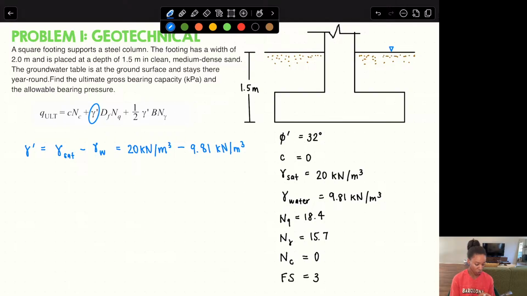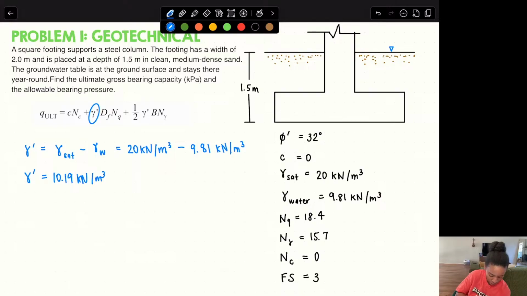So 20 minus 9.81 equals 10.19. So the effective unit weight for the soil is going to be 10.19 kilonewtons per meter cubed. Okay, so now we need to find the surcharge at the base.